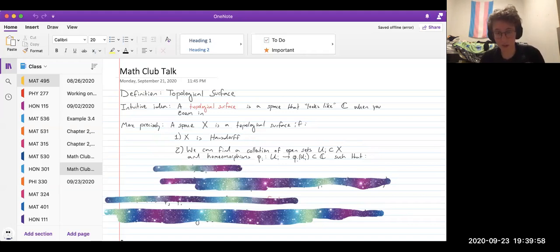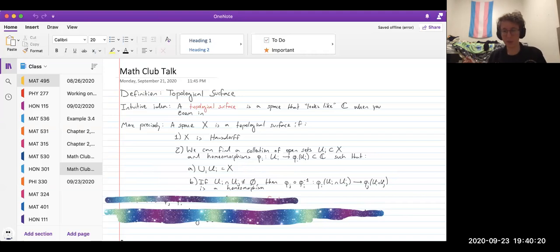The second condition is that we can find a collection of open sets in X and homeomorphisms from these open sets to the complex plane, such that the union of all these open sets covers all of X, and if two of these open sets overlap, then the composition of one homeomorphism with the inverse of the other homeomorphism is also a homeomorphism.